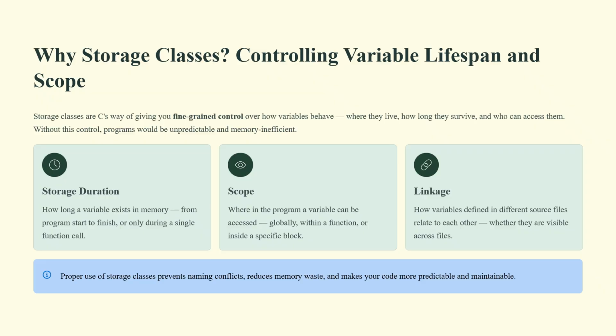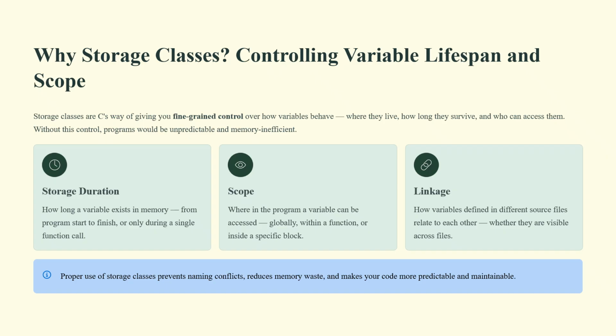Global and local. Local means inside the function, global means the entire program. Third one, linkage: how variables are shared across files. Here again we have two types: internal and external. Internal is within one file, external is across files.